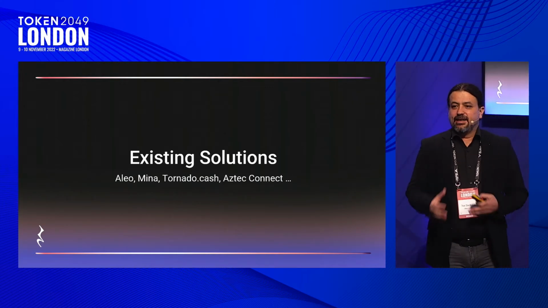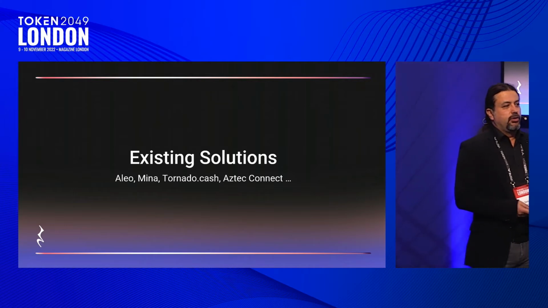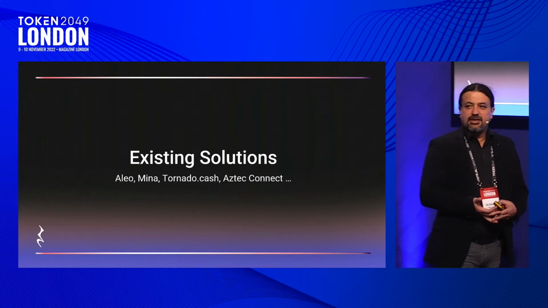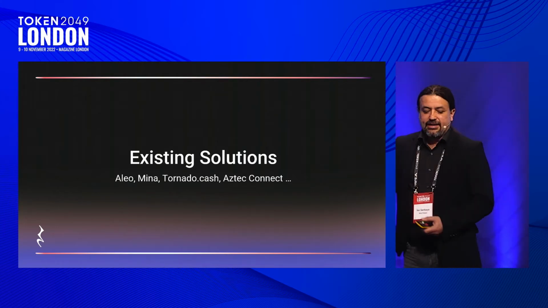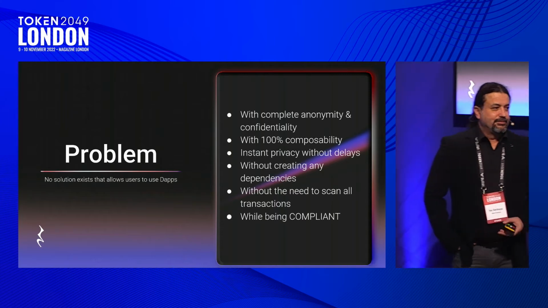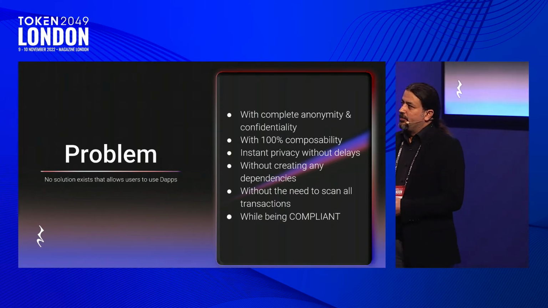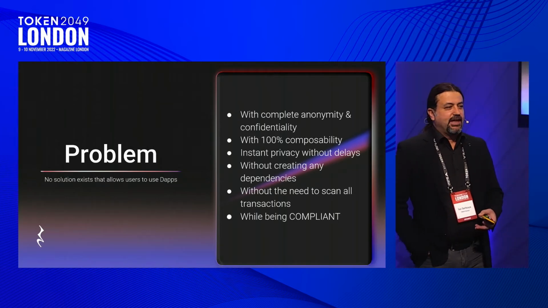Because of this, you can see many privacy-preserving solutions evolving. We can count Aleo, Mina, Tornado Cash, Aztec, and Aztec Connect as well. From our side, we see that there are some problems. Users need a privacy solution with complete anonymity and confidentiality.